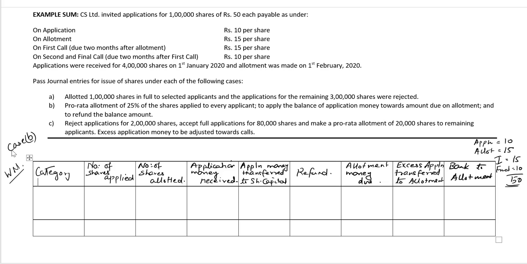Now it says that pro rata allotment of 25% of the shares applied to every applicant. We have the number of shares applied is 4 lakh shares, and against this we will allot 25% of 4 lakh. 25% of 4 lakh is 1/4 and comes up to 1 lakh shares.